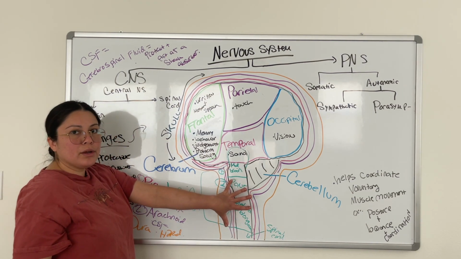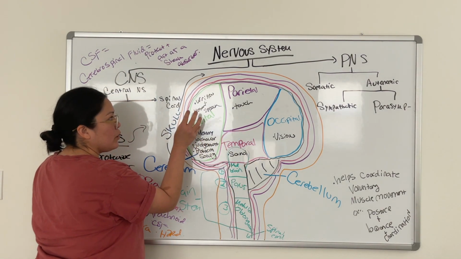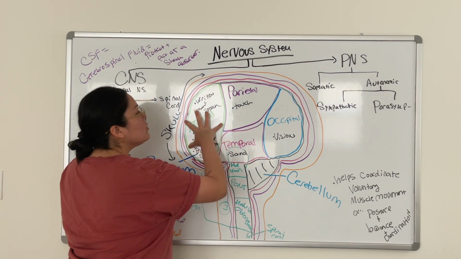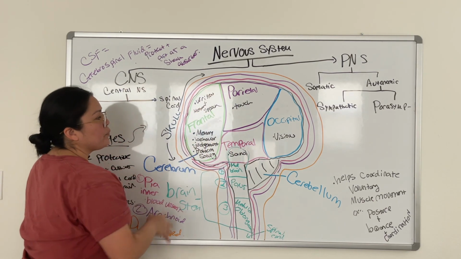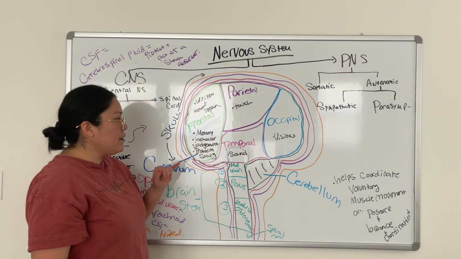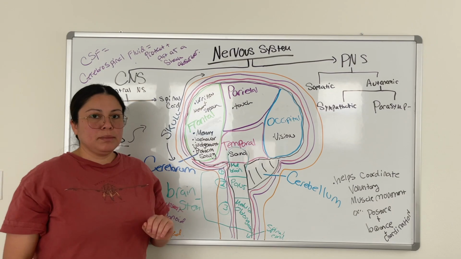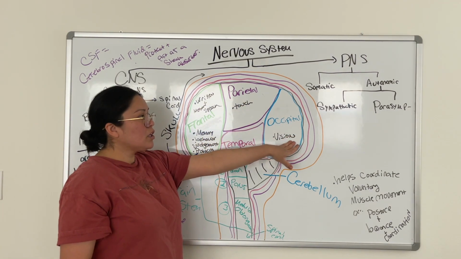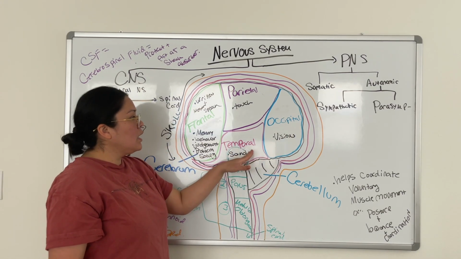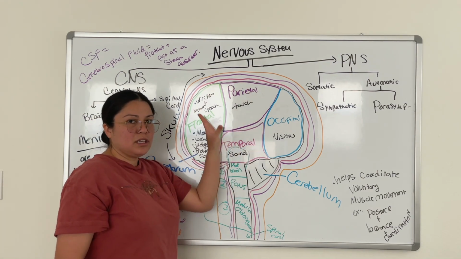You don't need to worry about any interpretations here, but you do have to worry about the interpretations of the lobes, specifically focused on frontal lobe, okay? And we've got memory, behavior, judgment, problem solving, written and motor speech. That's all frontal lobe. Parietal is touch, occipital interprets vision, temporal interprets sound, generally, okay?